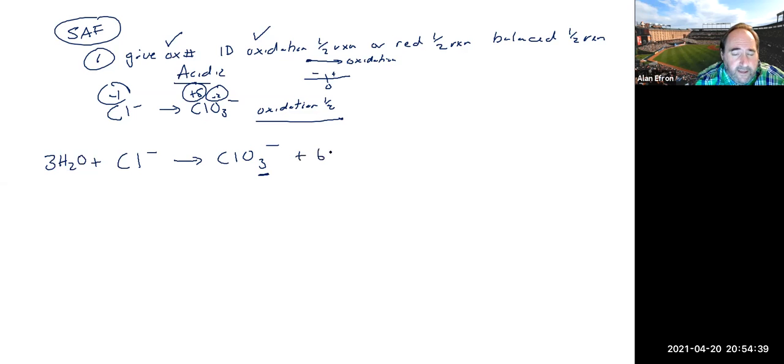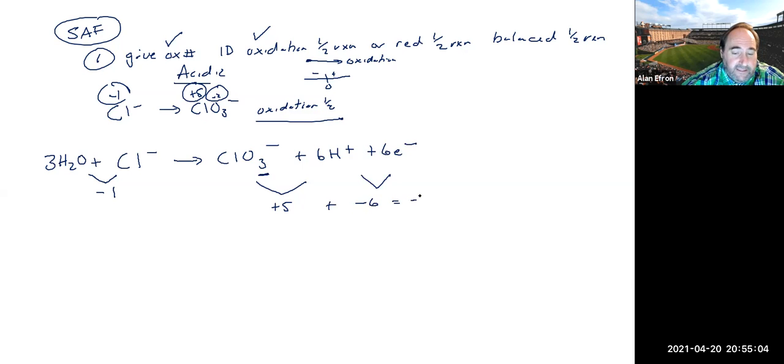That would also mean that we need to add 6 H pluses to the right-hand side. And now we need to add our electrons. Overall charge on the left-hand side is -1. Overall charge on the right-hand side is +5. That means that we actually need to add 6 electrons.